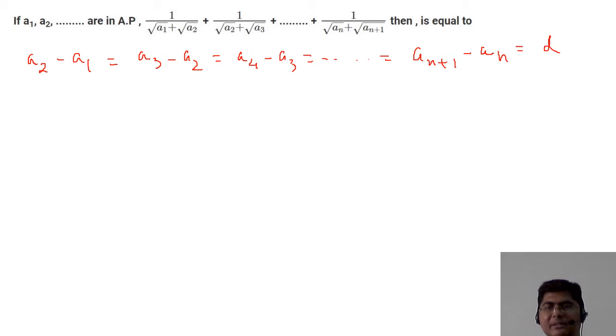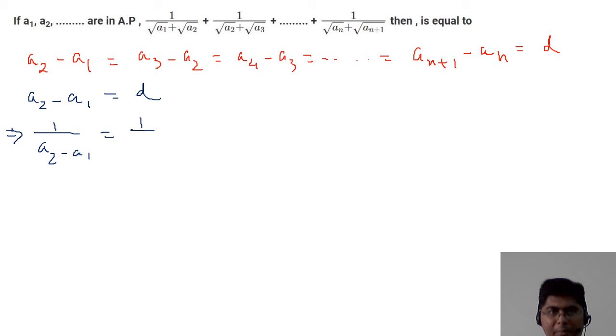Right? Those were the derivations we know. Now let's take one by one. a2 minus a1 is equal to d. So I am just taking the reciprocal: 1 upon (a2 minus a1) is equal to 1 by d.